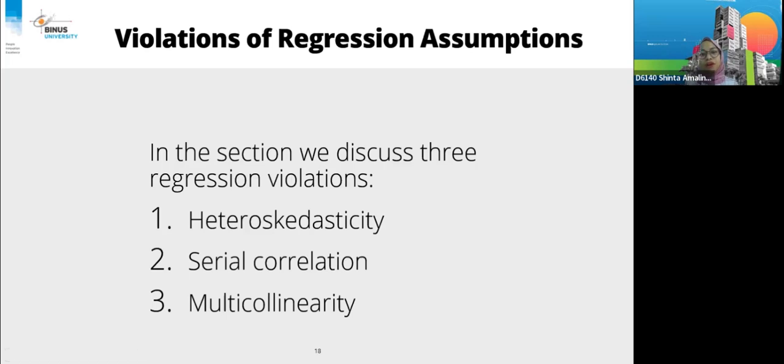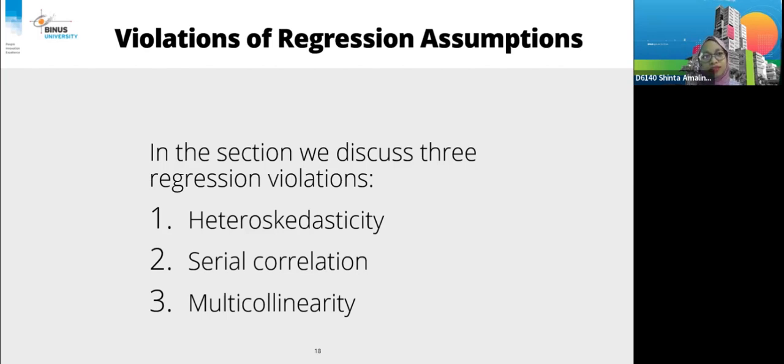So before we discussed linear regressions, now we move forward to the violations of regression assumptions. This multiple linear regression, or in the finance area we usually say ordinary least squares or OLS, these are the same things. There are classic assumption tests that should be fulfilled.